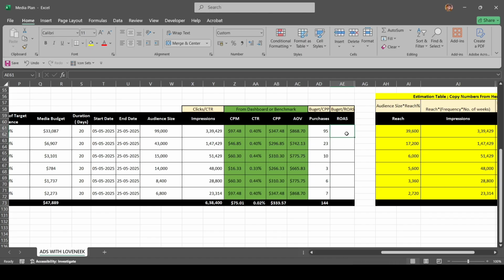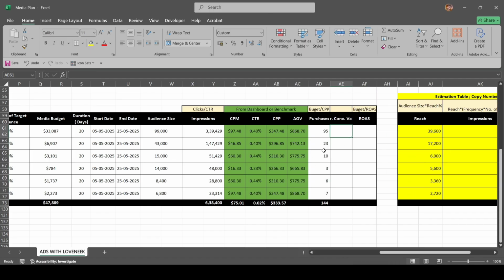And for ROAS, purchase conversion value will be nothing but purchases multiplied by average order value, and from purchase conversion value we will calculate our planned ROAS, which will be purchase conversion value divided by budget. So this will be our ROAS.